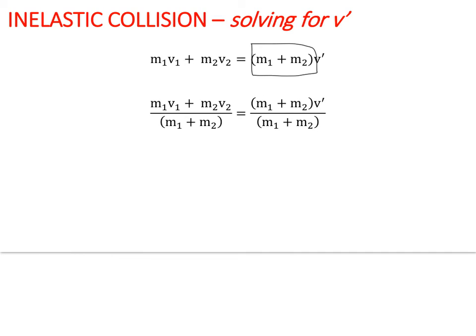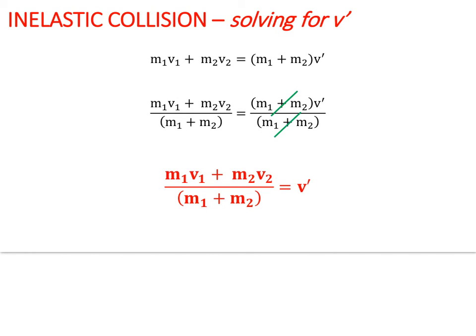I divide by the combined mass, because you add those two masses together times the velocity. So I divide right here, and I divide both sides by the same thing, and you can see that that cancels out on the right, and I'm left with here is the final equation to find final velocity for an inelastic collision.